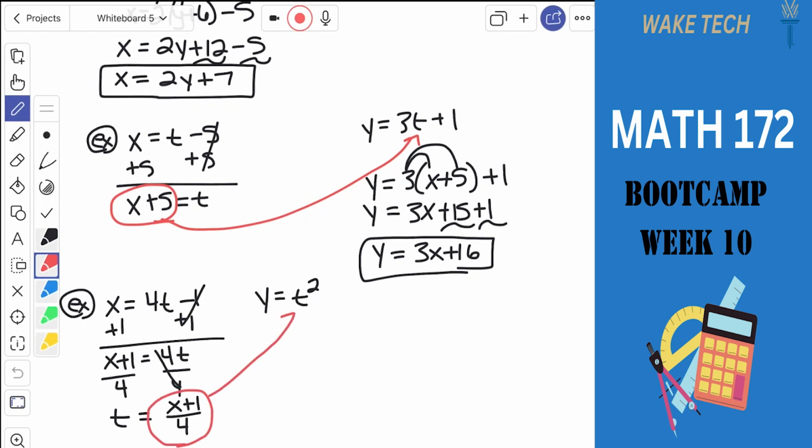Once we've got that, we'll plug it in place of t in the second equation to get y equals ((x plus 1) over 4) squared. This is a perfectly reasonable way to leave the answer.